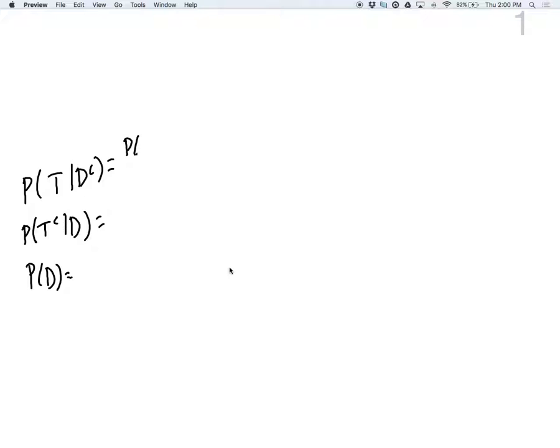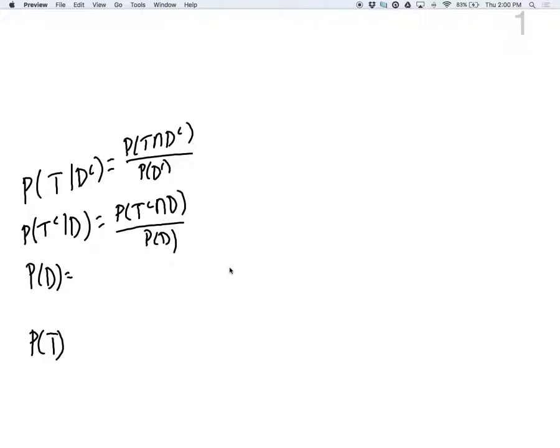This gives me the probability of T and D complement over the probability of D complement. This one will give me the probability of T complement and D over the probability of D. This one is nothing. So we were looking for the probability of testing positive. That doesn't show up in any of these formulas. So when you hit that roadblock, you need to go to the tree.